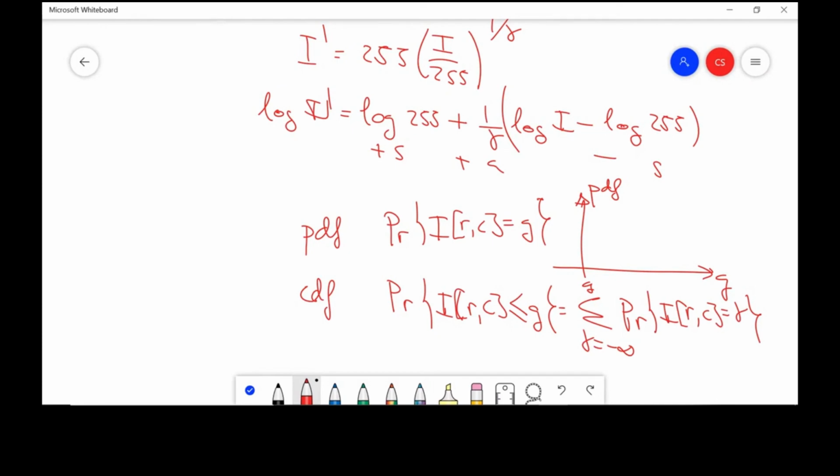So I has to belong to some finite set, not a continuous set. Okay, but if I is a discrete signal, this is the definition of the probability density function and the cumulative distribution function. And the other day we gave the definitions for continuous signals with integrals, you may remember.